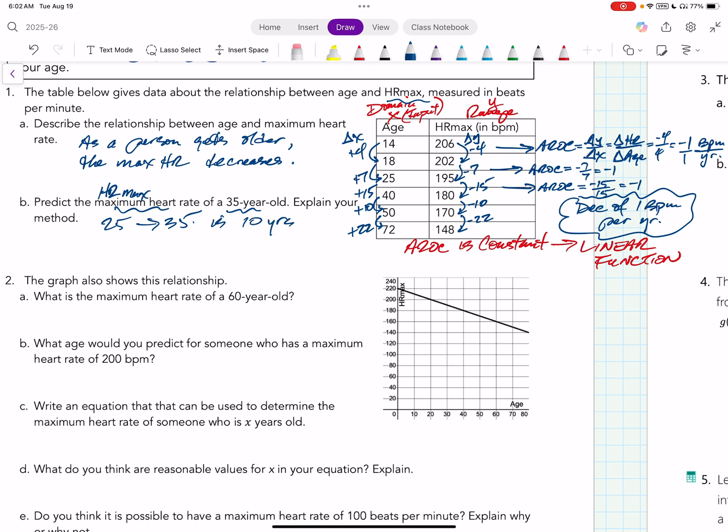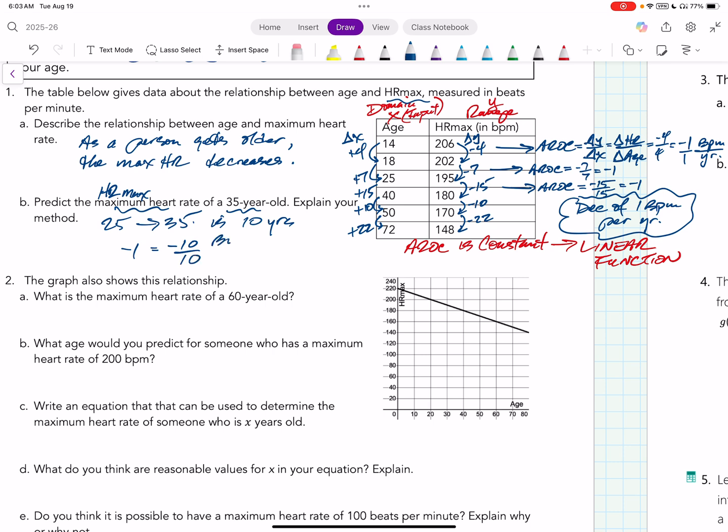So there must be a decrease of 10 beats per minute overall. If it's a decrease of 1 beat per minute per year over 10 years, then -1 is equivalent to -10 over 10.